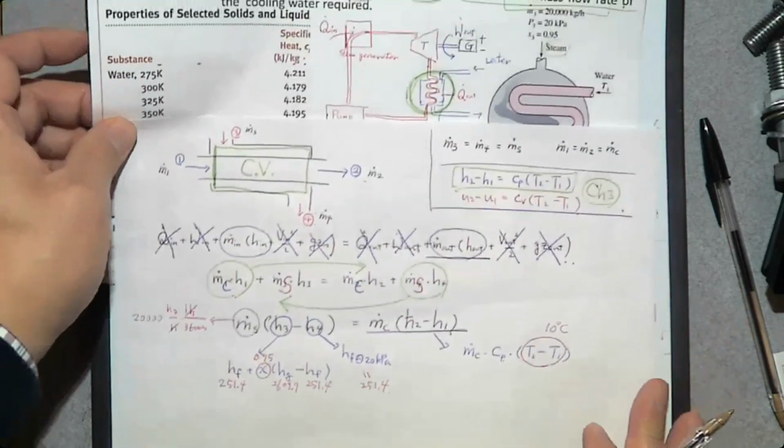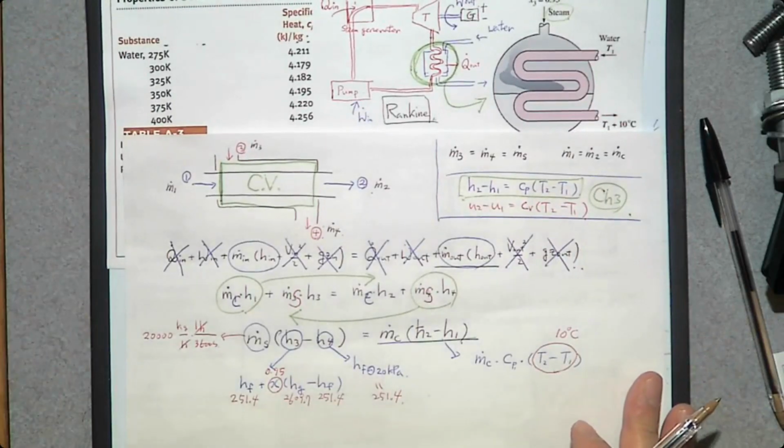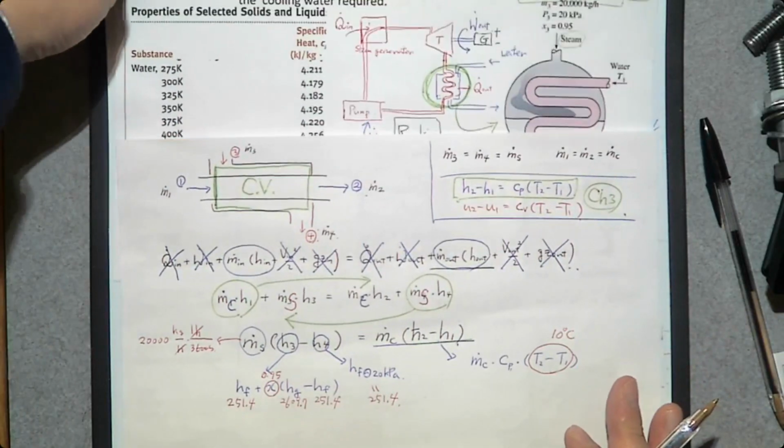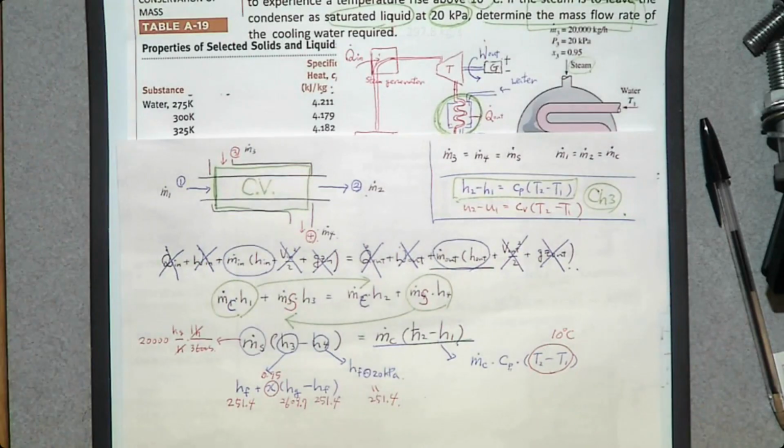Then what is the specific heat? Cp can be found from this table A19, properties of selected liquid. So for water, specific heat is a function of temperature.